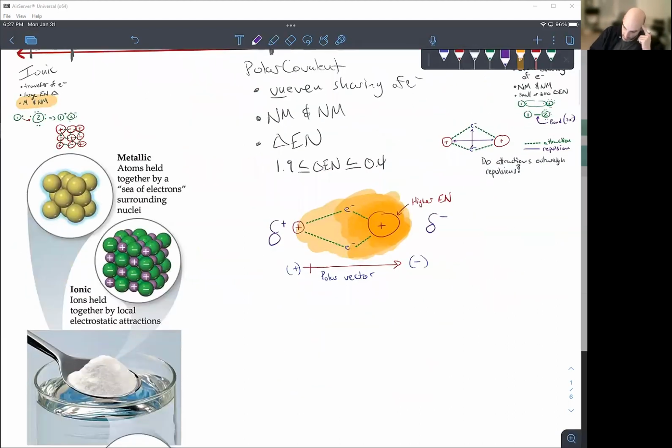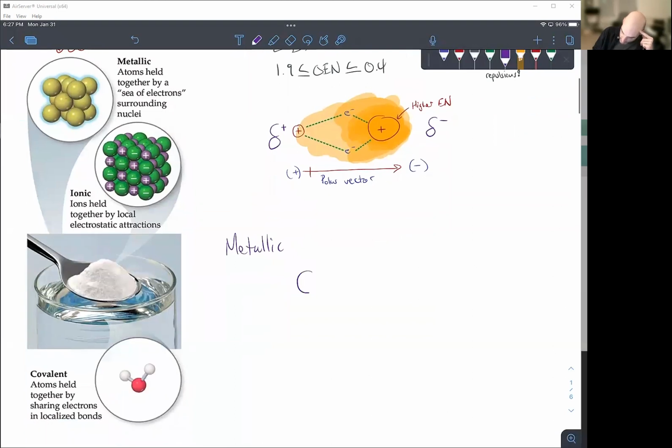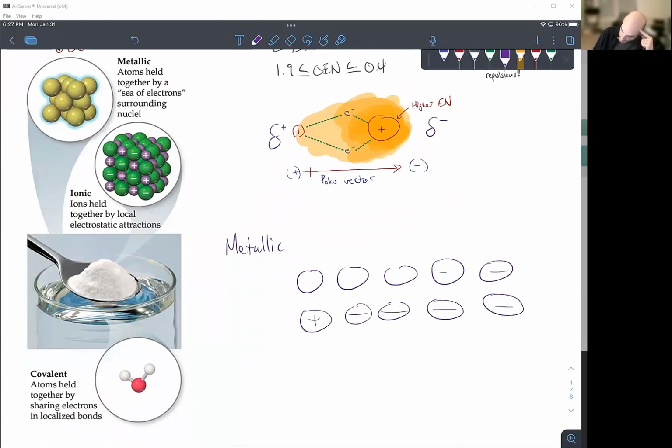There's a bunch of different types of bonding that we're interested in. Metallic, we're not going to talk about metallic much, so I encourage you to take a look at it, but it's atoms held together through a sea of electrons. Metallic bonds would be, all right, so I've got a bunch of metals and they're all positively charged, a bunch of metal nuclei.